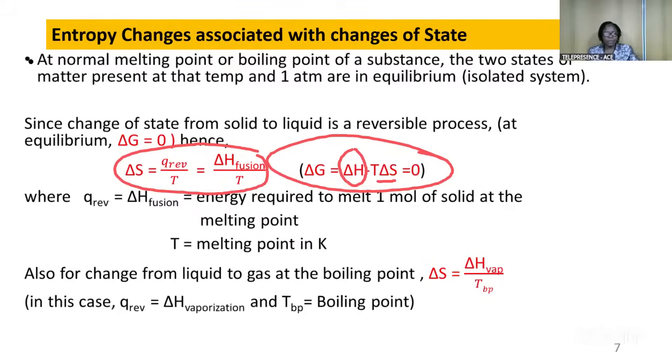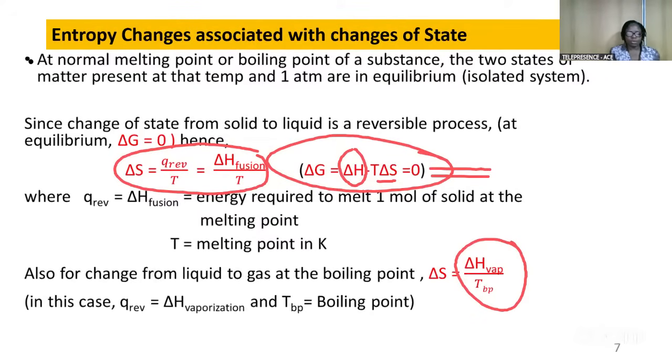And if you have a change from liquid to gas at the boiling point, which is the temperature at which that change occurs, the transition means that there will be a point where you have an equilibrium in the course of transitioning from liquid to gas. So delta S is going to be delta H of vaporization over temperature at boiling point, using this same equation that I showed you earlier on.